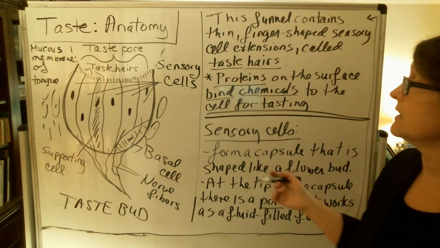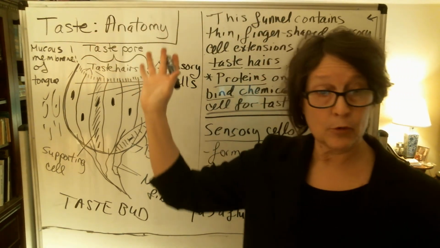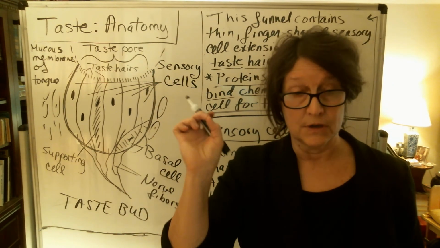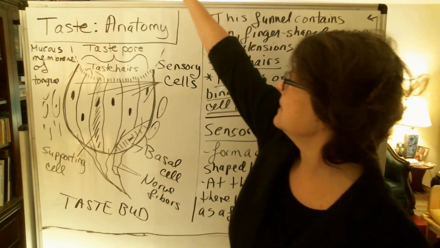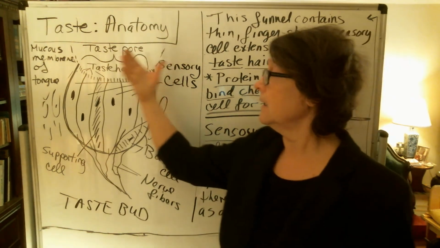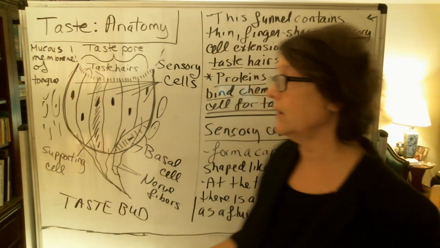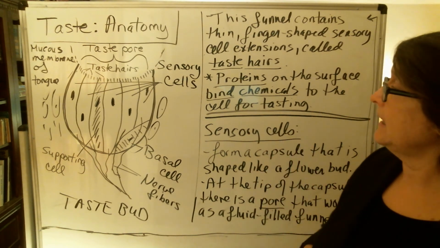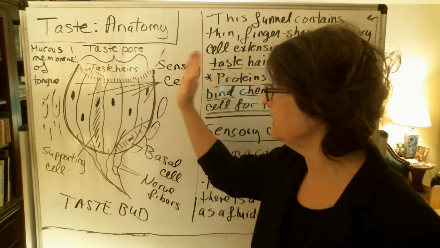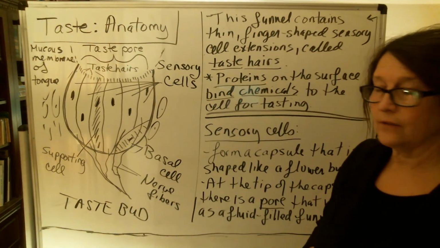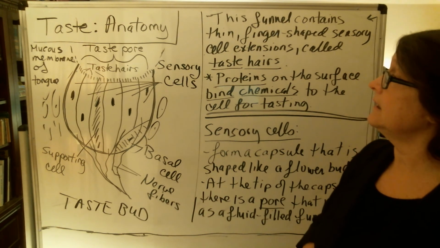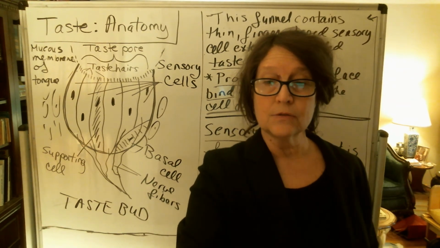So that completes the process. You have various different, remember, tastes are basically chemicals. Sweet obviously has to do with sugars, which are chemicals, for instance. So you have these different chemicals that then get funneled into the taste pore. The proteins bind with them. And then that interaction then gets translated as different kinds of tastes. And that information then winds up being taken off to the brain. And that then is the anatomy of your taste for the end of this lecture.